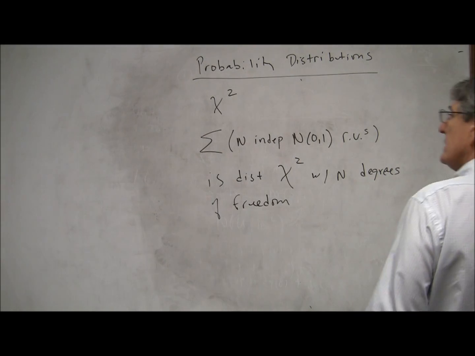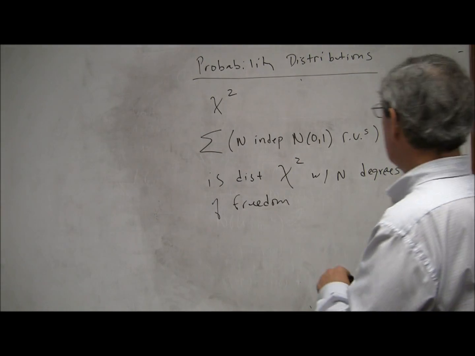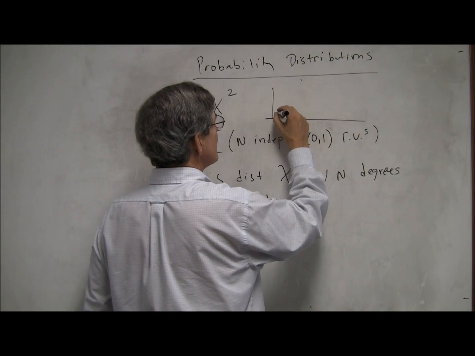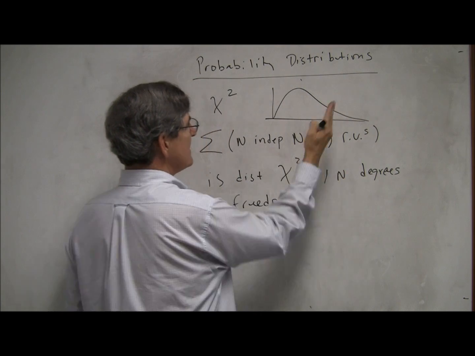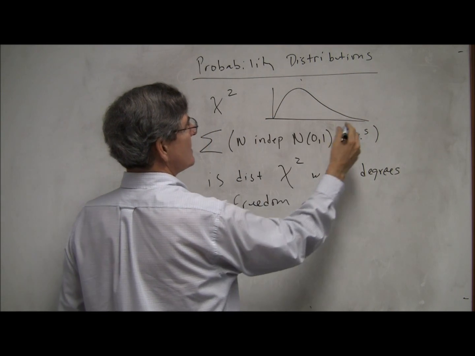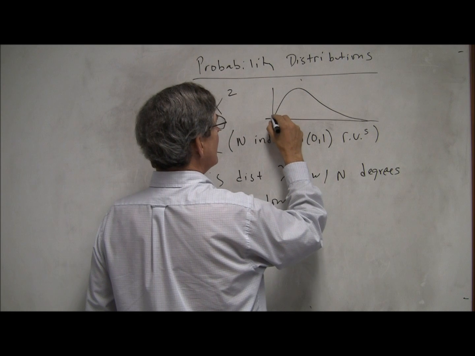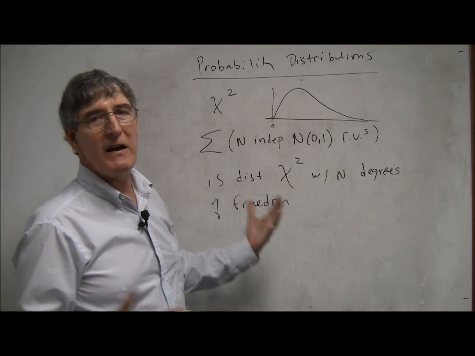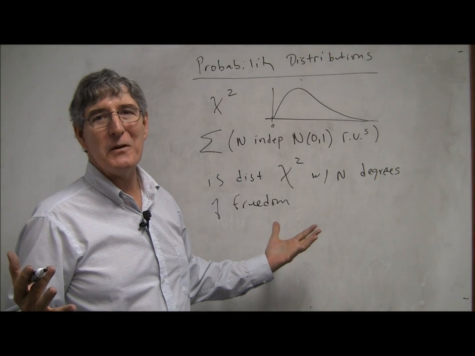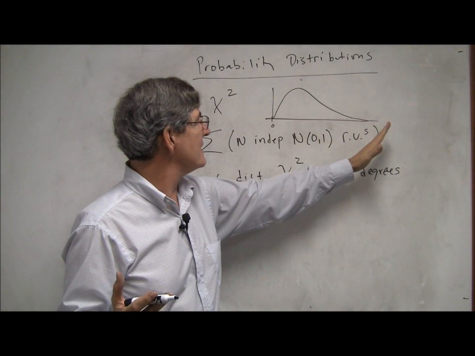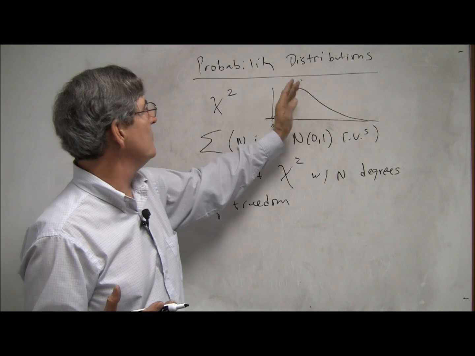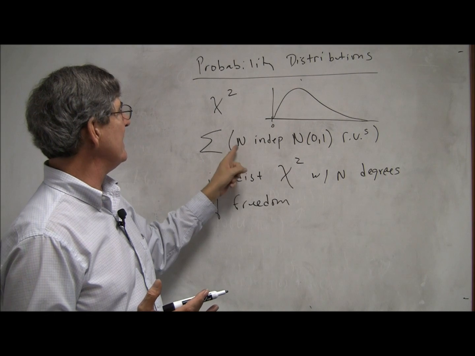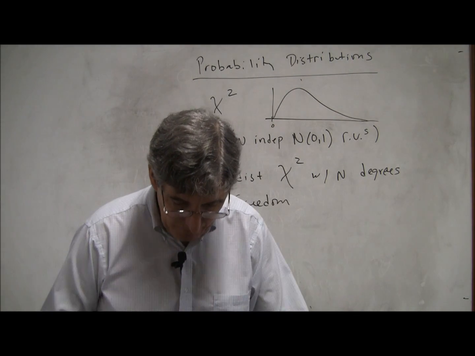And I'm hoping you worked a little bit with these chi-squareds at some point. What they look like often is they're asymmetric. They sort of are hump-shaped like this. So a lot of the probability is in this range. Because you're squaring random variables, you never get negatives. A variance can't be negative. And so the probability range is defined all in the positive space. And this peak point moves around depending on how many of these there are. So the shape depends upon how many random variables you add up.